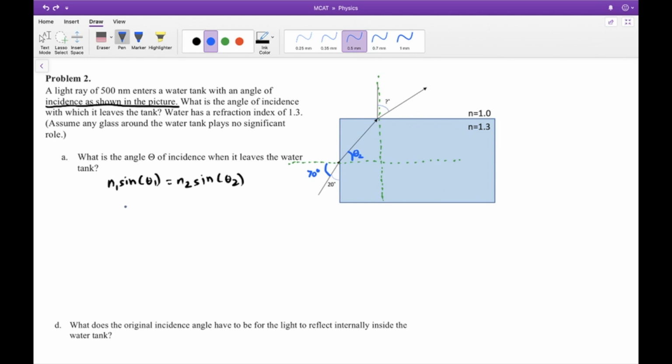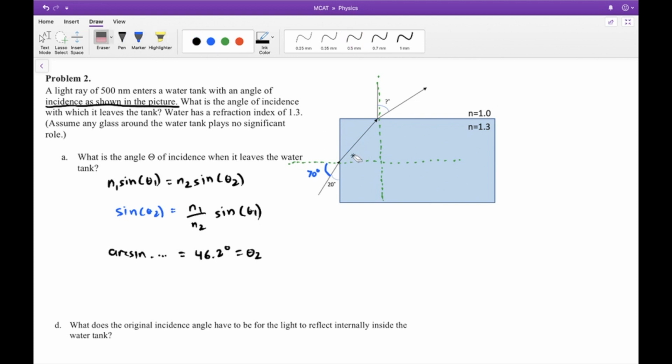Sine theta 2 equals n1 over n2 times sine theta 1, do the arc sine and all that. I'm going to let you do that because it's going to be a waste of time to calculate. What you end up getting is 46.2 degrees for theta 2. So this part right here should be 46.2 degrees.